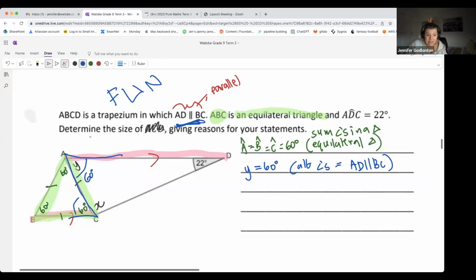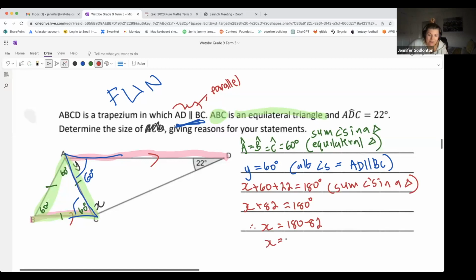Finding X is a lot easier because we can say X plus 60 plus 22 needs to equal 180 because of sum of angles in a triangle. So X plus 82 equals 180, which means X is equal to 180 minus 82, which is equal to 98 degrees.